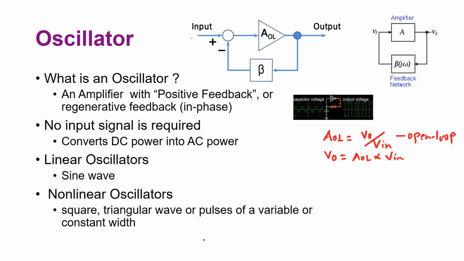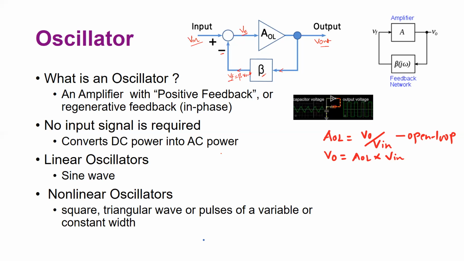Let's say you have this input signal V in, then you have this output signal V out, and V out is an input to the feedback network, and the output here, let's say you have Vf, which is beta times V out. And then here you have this signal V error, which is V in minus Vf. Okay, so let us write that one by one.